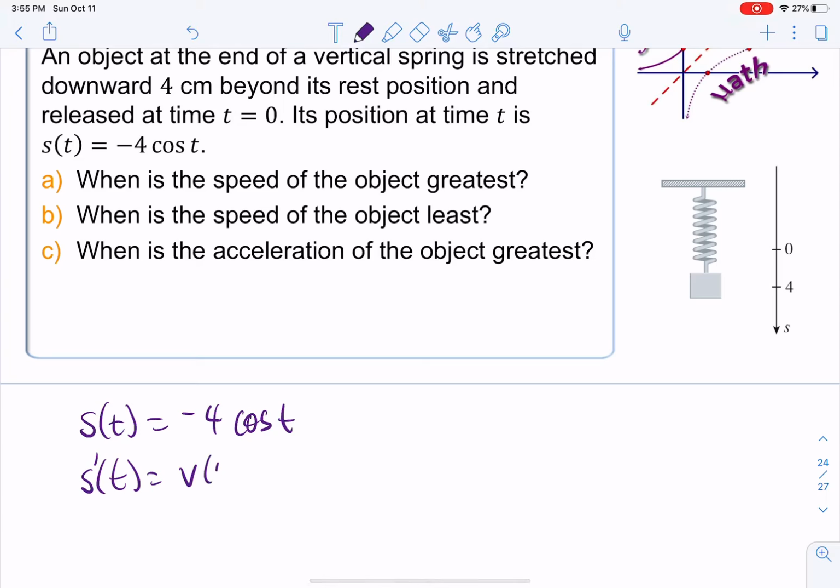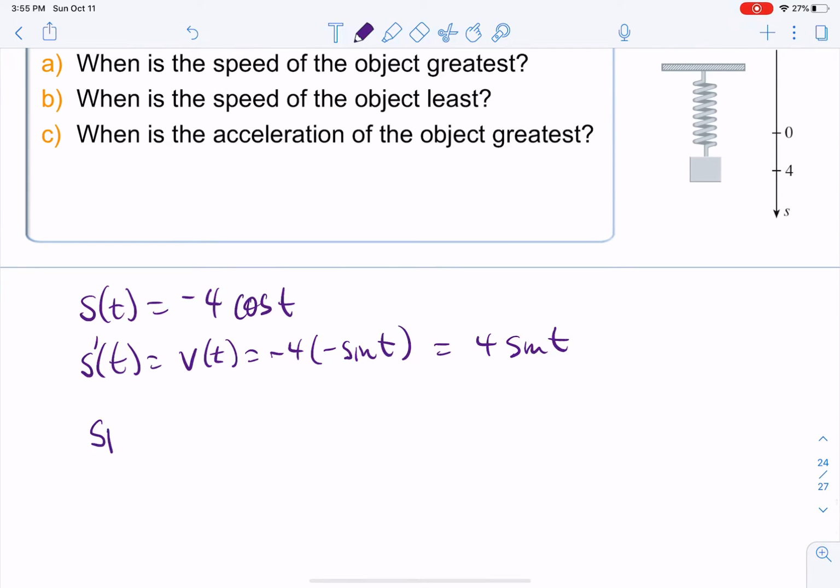So velocity is negative 4 times the derivative of cosine, which is negative sine. And of course our negatives cancel. I just get 4 sine t. Hey, what about the speed? The speed function would be equal to the absolute value of that. So all of the little humps that are down below the x-axis are just going to hop up above it.